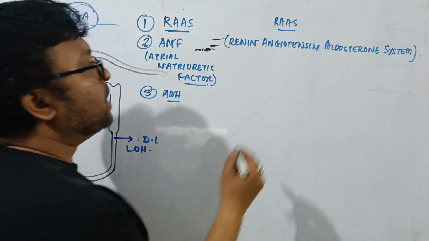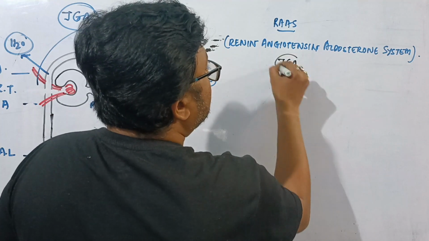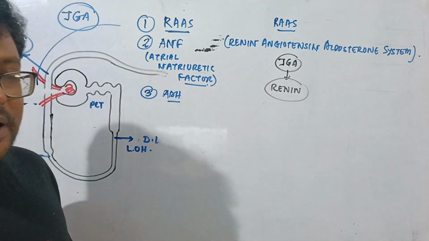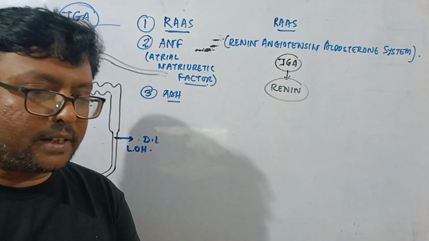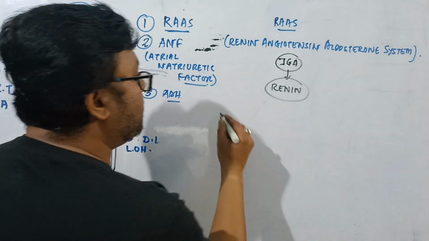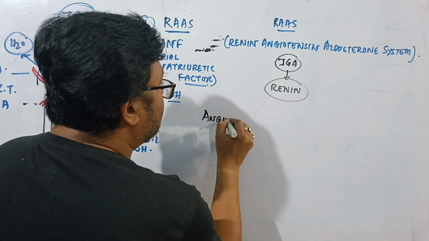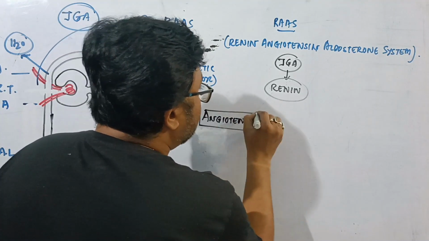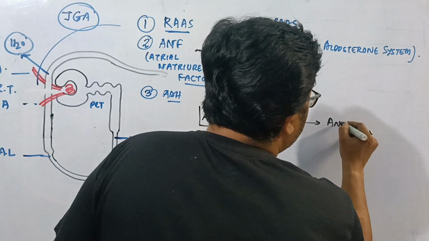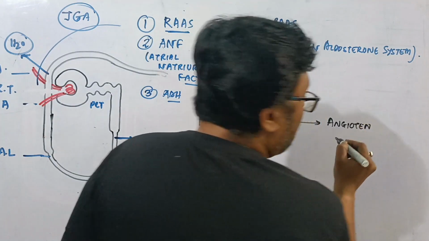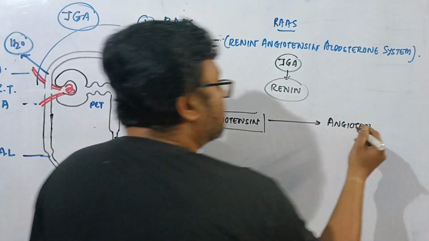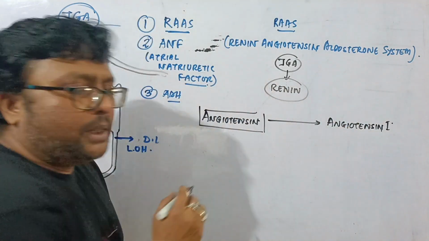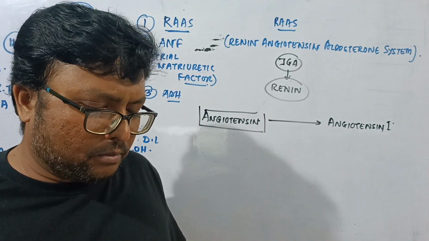Now first, renin is secreted from JGA. We have already discussed that renin is secreted from JG cells. And now what is the function of this renin? This renin converts angiotensinogen into angiotensin 1.